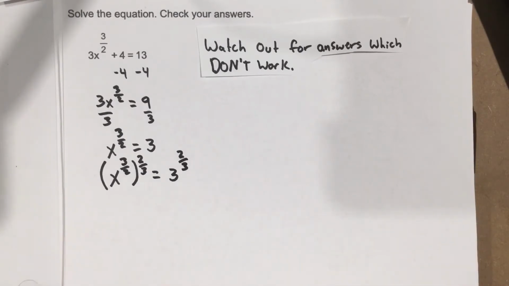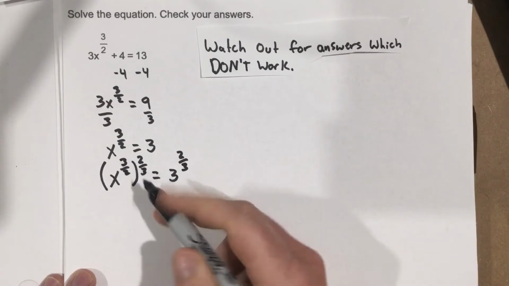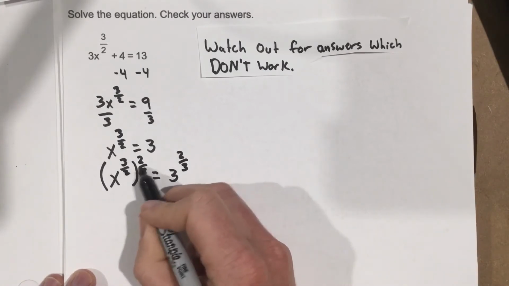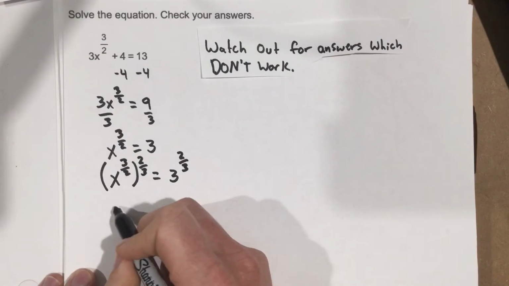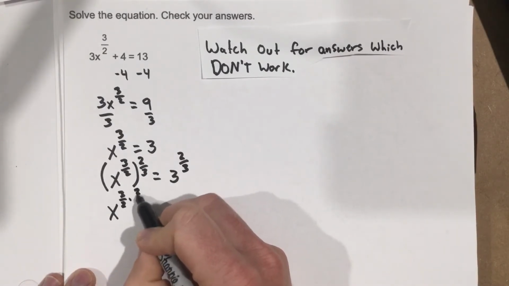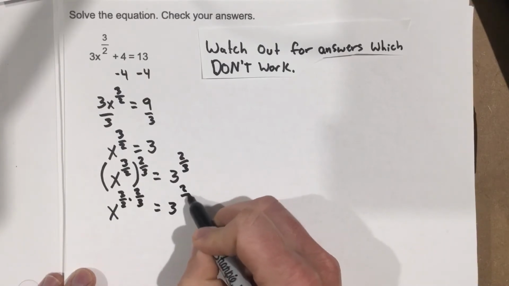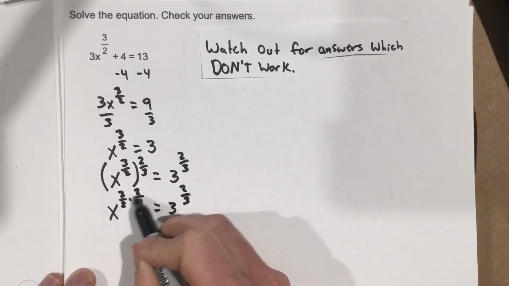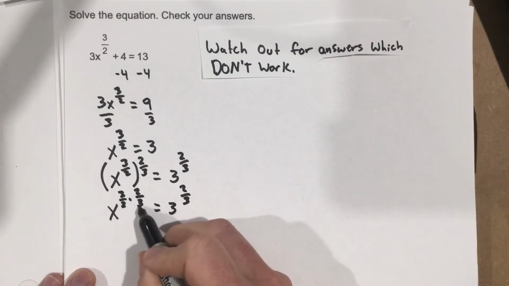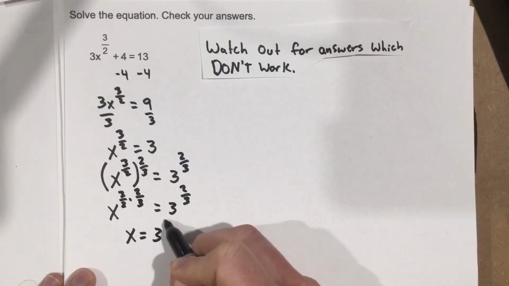That's a way of canceling out the exponent, because I have to use the power to a power rule, which means multiply there. So I end up with x to the 3/2 times 2/3 equals 3 to the 2/3. And this will give you 6 over 6, which is 1. So I end up with just x equals 3 to the 2/3.